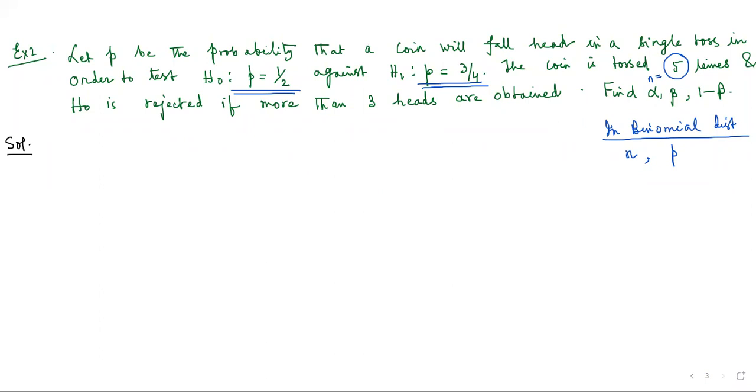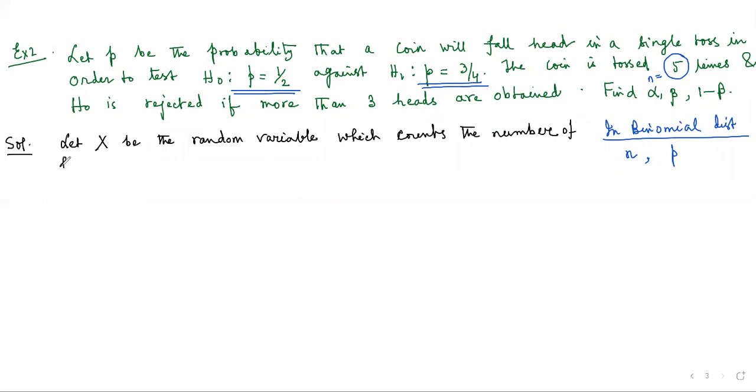So first of all, before we start solving the problem to find alpha beta, we must define a random variable in the following manner. Let x be the random variable which counts the number of heads.